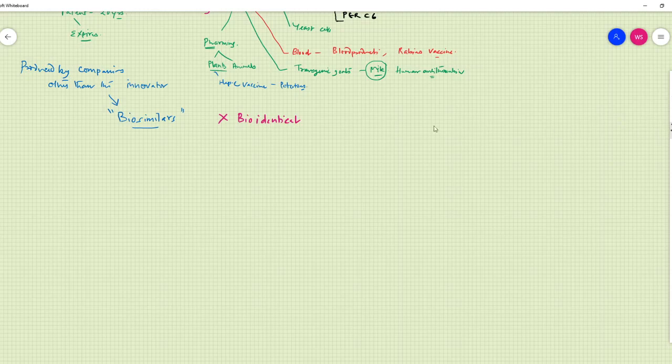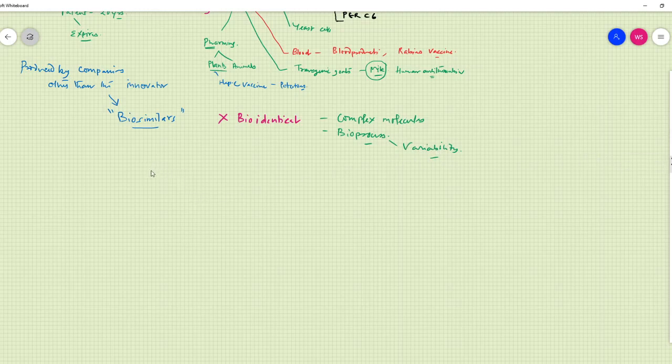So the reason is because they are complex molecules and they are produced by a bioprocess which produces lots of variability. And how does it produce the variability is what we are going to discuss right now.